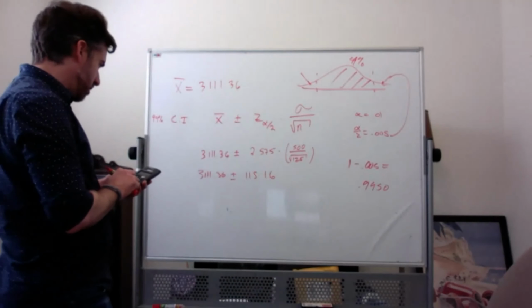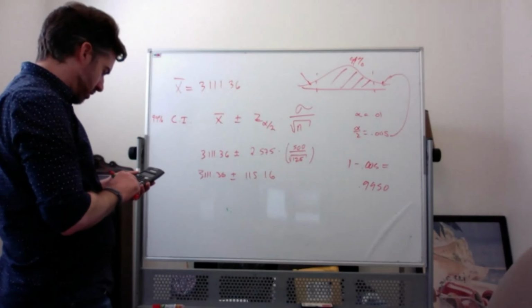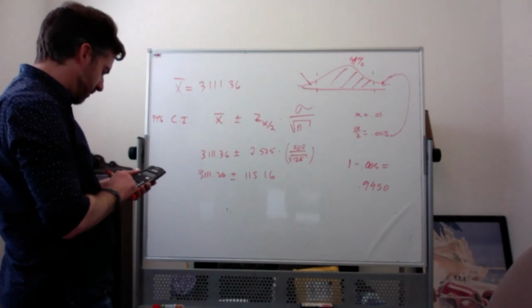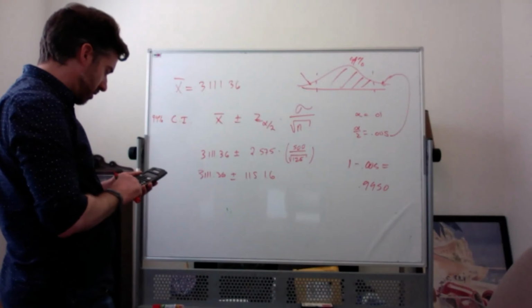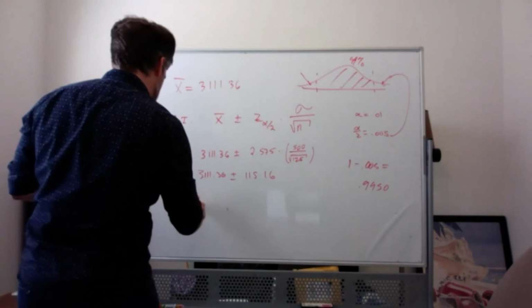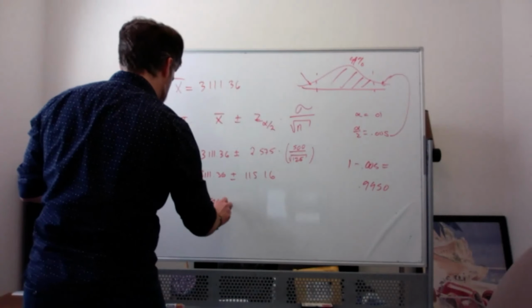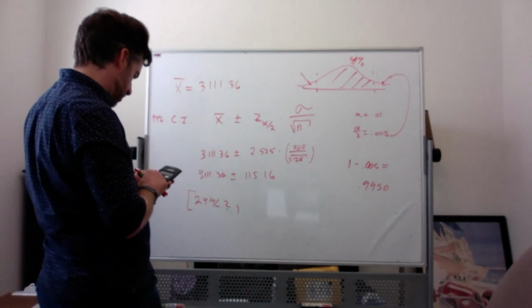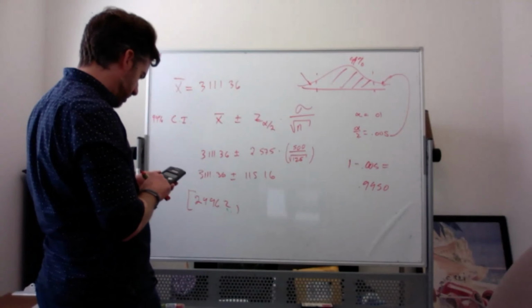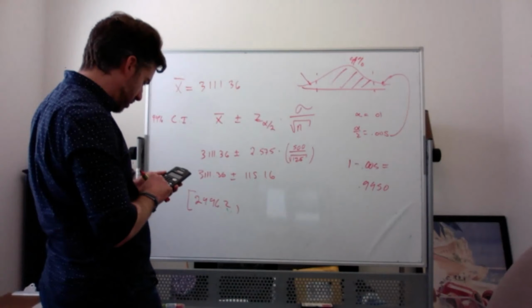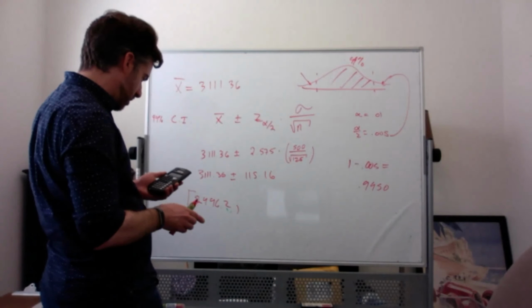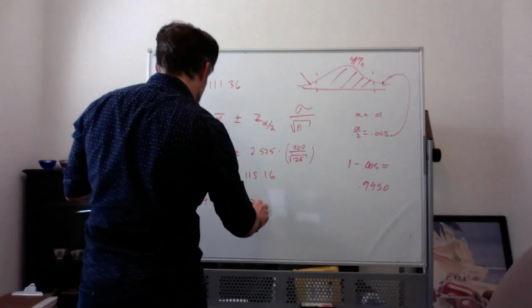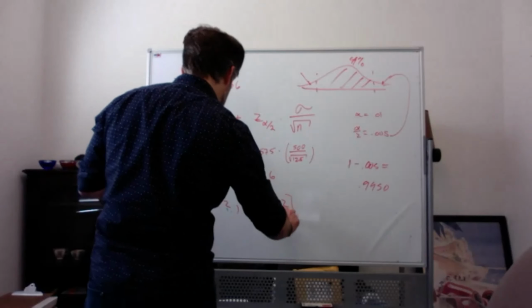So let's see, 3,111.36 minus 115.6 is 2,996.2, plus 115.6 is giving me 3,226.52.